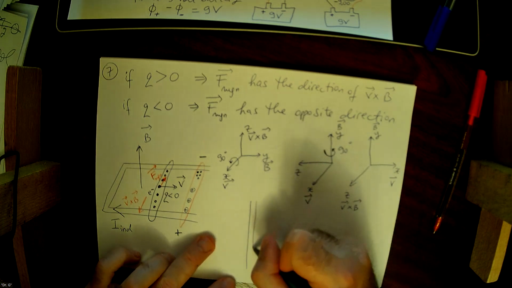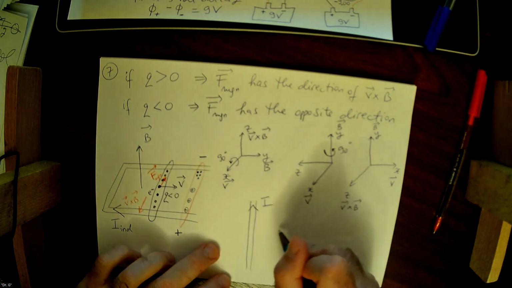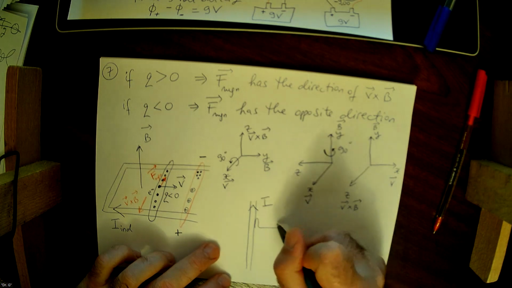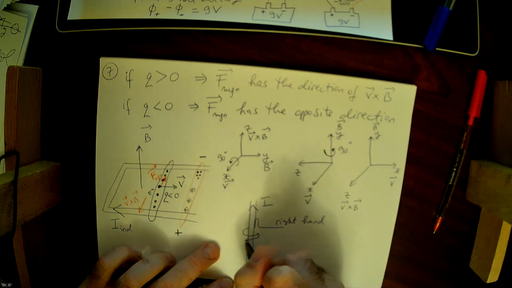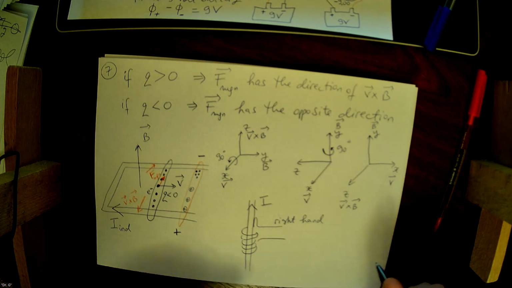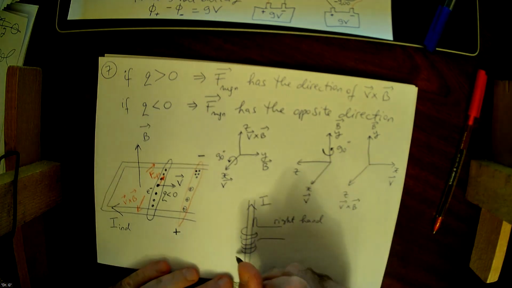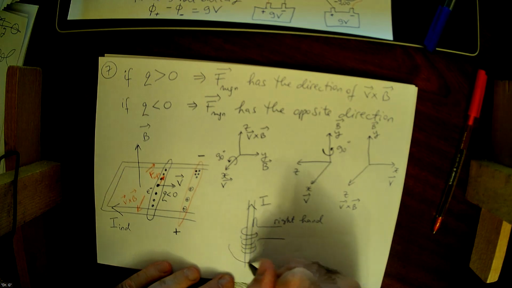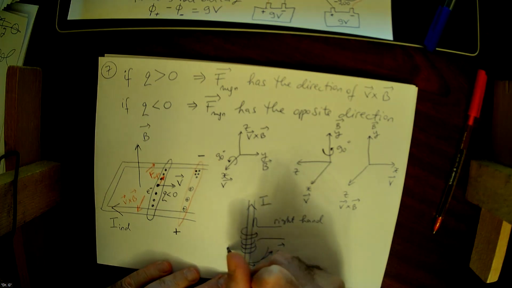If I have a wire with an electric current, I grab the wire with my right hand in such a way that my thumb shows the direction of the current and the other four fingers wrapped around the wire will show the direction of the magnetic field thus produced.